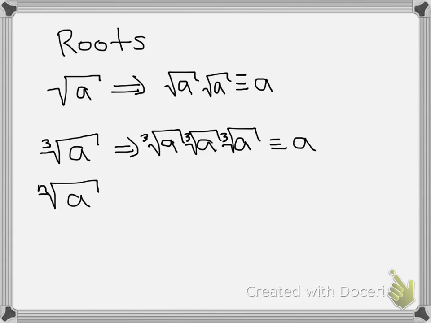We can have the fourth root, the fifth root, the 10th root. So this is our general notation. I'll show you a different notation a little bit later that is more commonly used. You'll see this sort of notation in a lot of algebra classes, but outside of this, most people don't really use this notation too much.